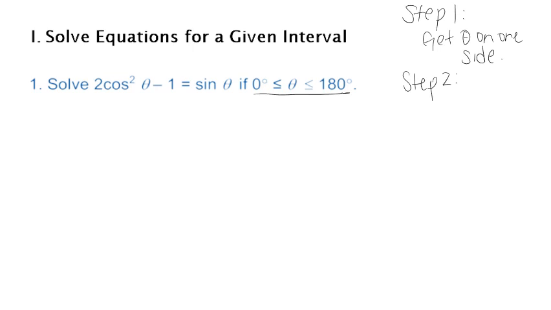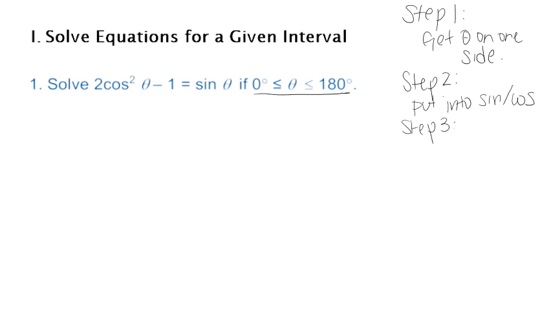Now this may not be a step that we always have to use, but it's a good strategy. For example, you wouldn't want to have both sine and cosine in an equation if you can avoid it. It's not always possible to get rid of that, but if you can, sometimes it's helpful to put this into sine or cosine.